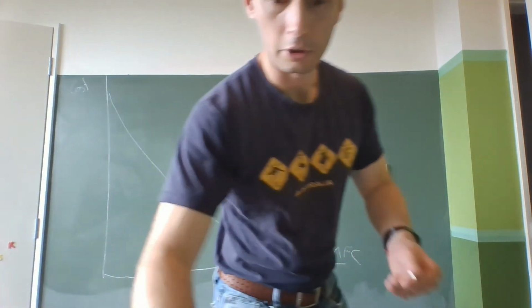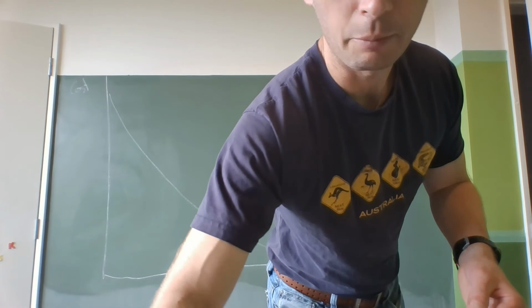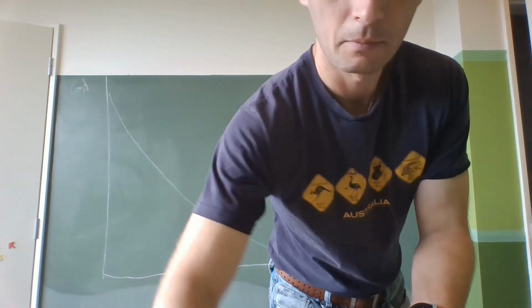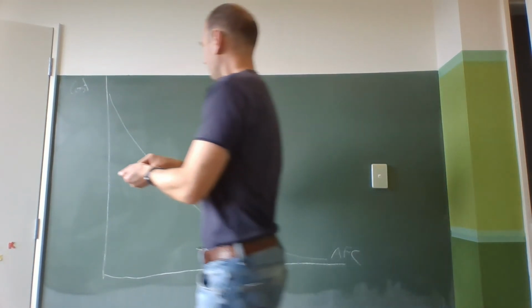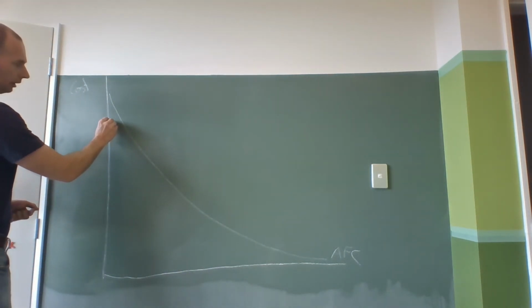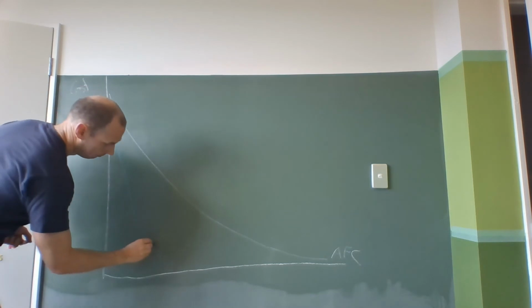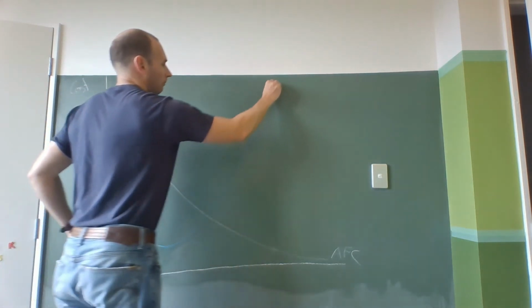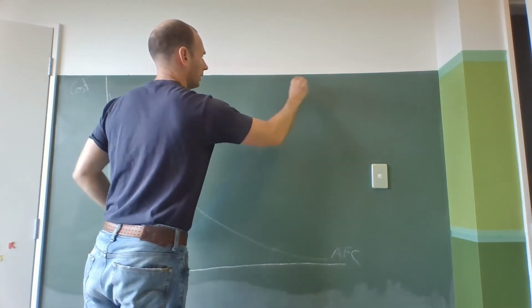I'll try to use different colors. I have a couple of choices here. My marginal cost looks like this. So that is MC.